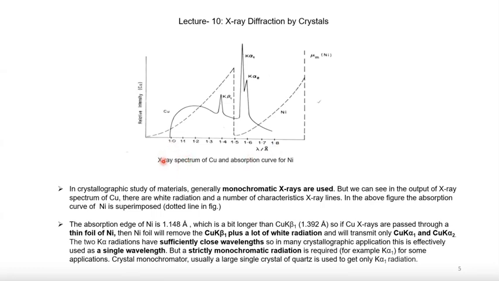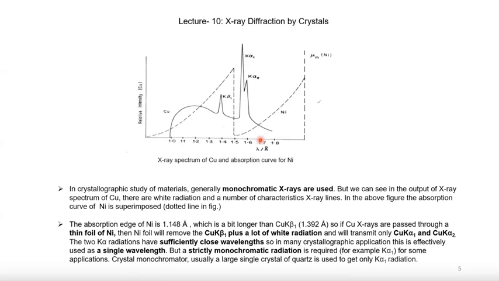This is a copper spectrum. Here you can see that we distinguish the K beta and then K alpha 1 and K alpha 2. Now, for almost all experiments we need a monochromatic X-ray.